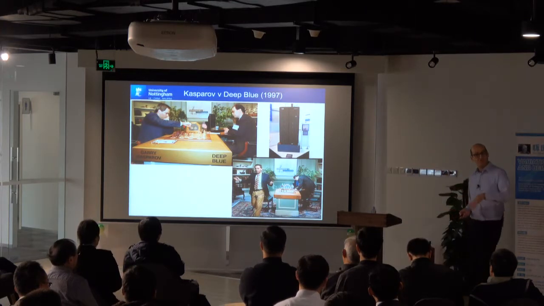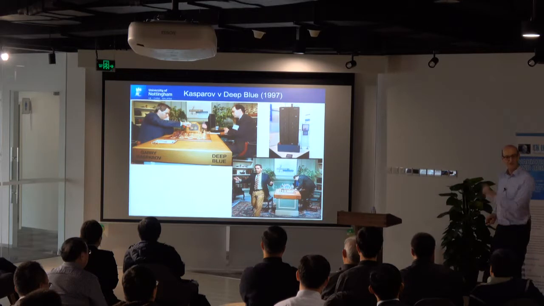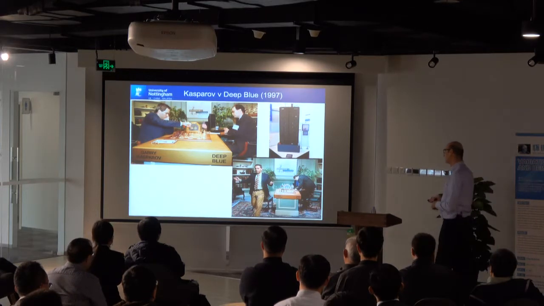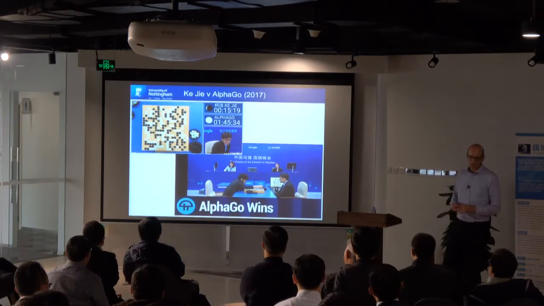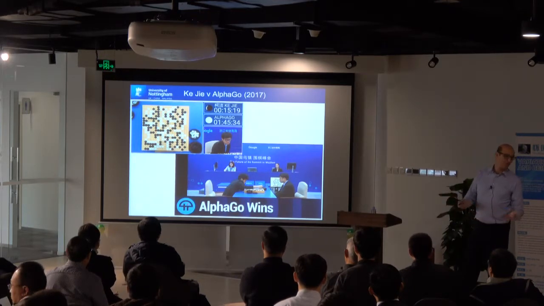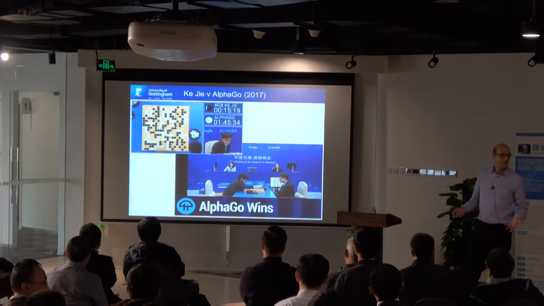I'll just point out that although your computer system is the best there is when it has beaten Garry Kasparov, it's still not perfect. It still might lose a game of chess. Twenty years later, just a year ago, AlphaGo beat the best player in the world at Go. Go is actually a harder game than chess.